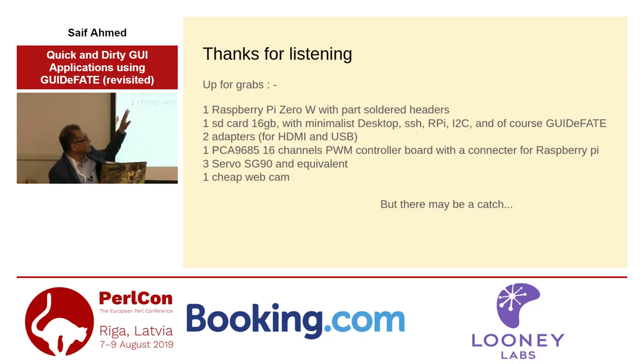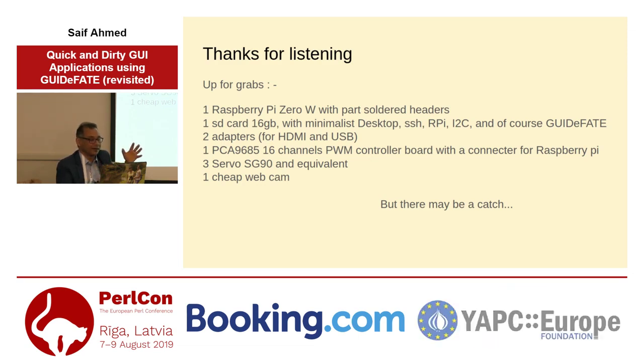The reason I put this up is because to put that GUIDeFATE and all the backend code in there, which is difficult to find. It's not easy to find any reliable, consistent source for any backend apart from GTK, and GTK is sadly not consistent, at least in the Perl interface. So to put that in there is difficult. It takes a good 3 or 4 hours to do that, waiting for things to download on a little Raspberry Pi, which has got a very low backend.